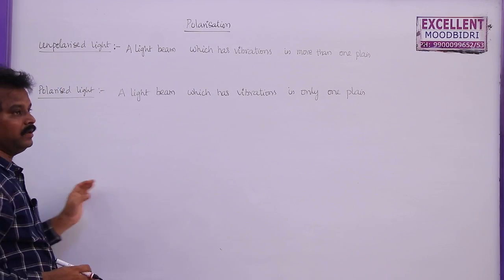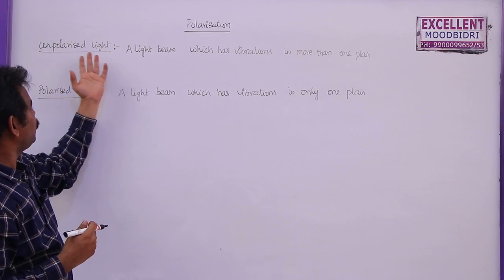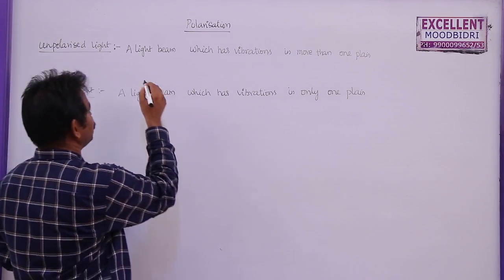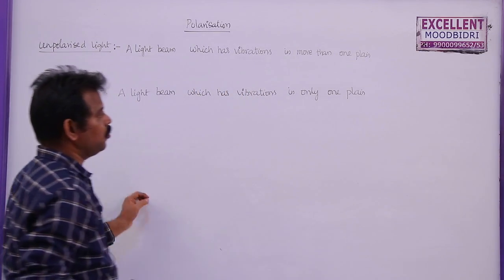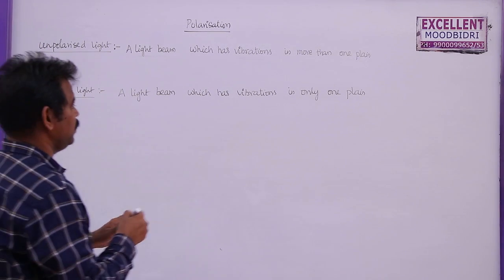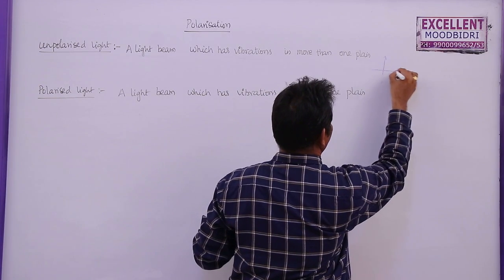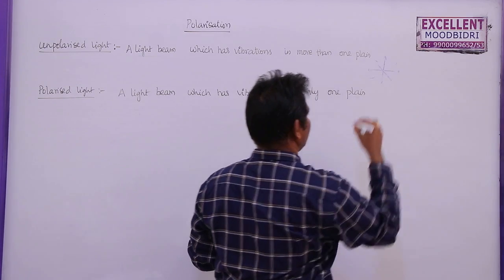Unpolarized light: the light that is coming from a bulb, the light coming from the sun, these are all unpolarized lights. Now, how to represent unpolarized light, and what is this unpolarized light? A light beam which is having vibrations in more than one plane is known as unpolarized light. If you take a light which is having vibrations in all possible directions, this is called unpolarized light.